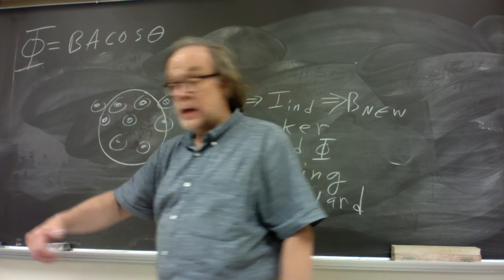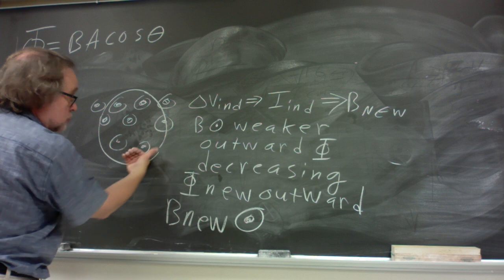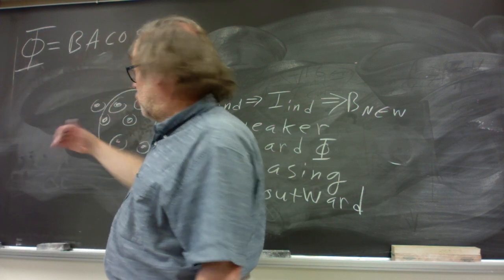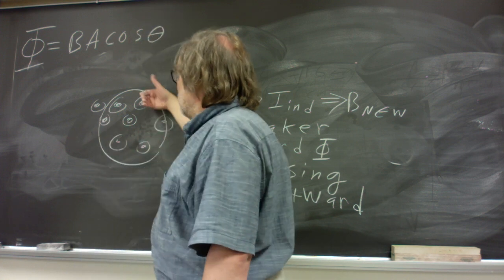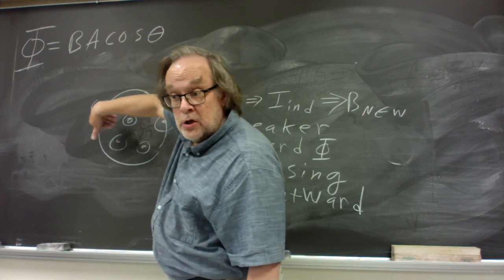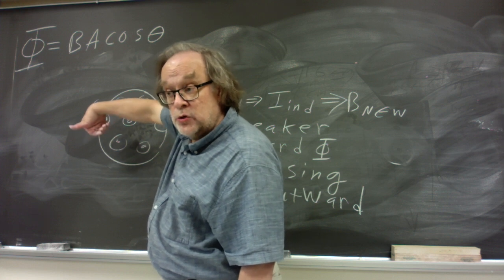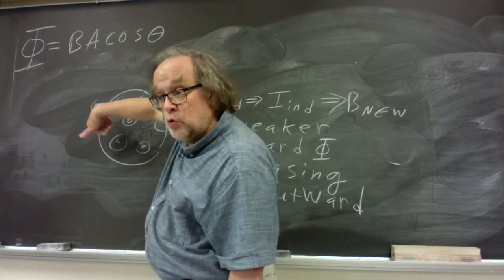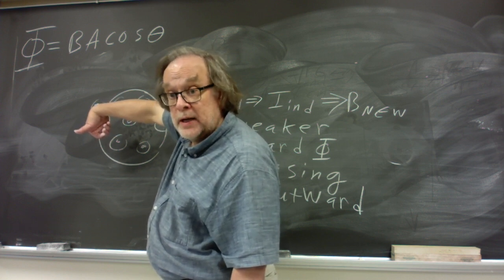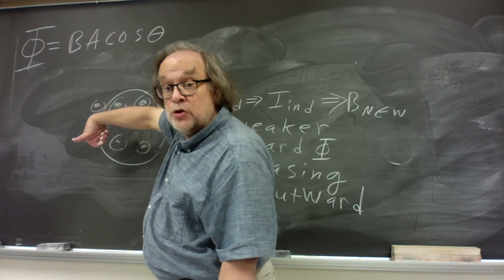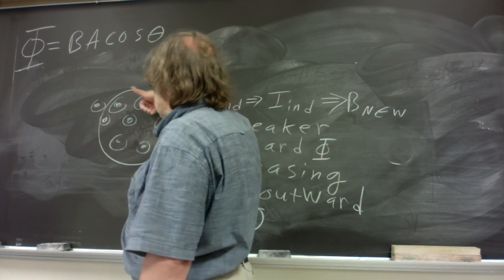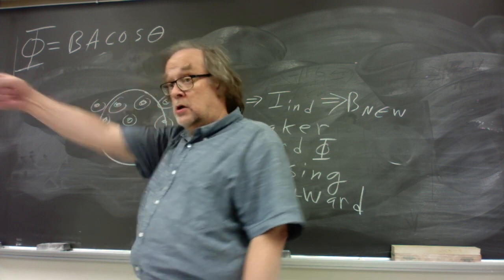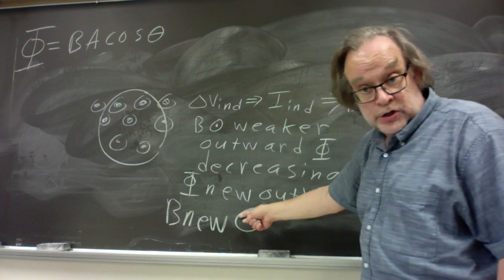Let's use this rule. Imagine letting your thumb move counterclockwise so that it's always moving along with that counterclockwise current. And then as you can see, for all points inside the loop, when you curl your fingers to show you the flow of the loopy field lines, inside the loop, your fingers will always be pointing out, indicating that the new magnetic field caused by this induced current is a field that inside the loop points out just the way we want it to.